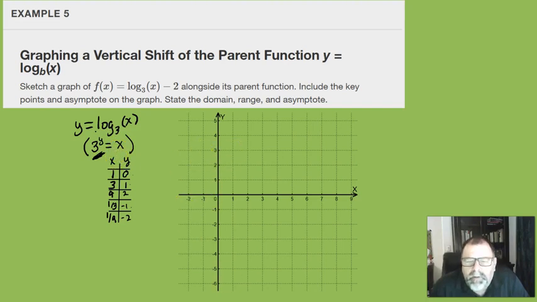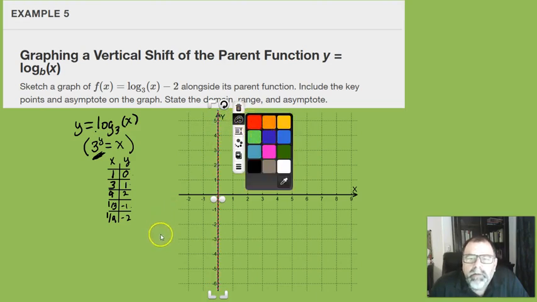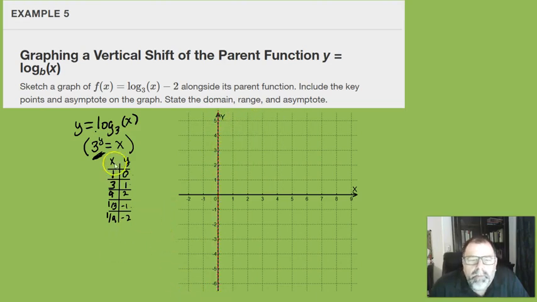I'm going to plot my vertical asymptote. Let's make that red. Okay, and then I'm going to plot these points: 1, 0, and then 3, 1, 9, 2.